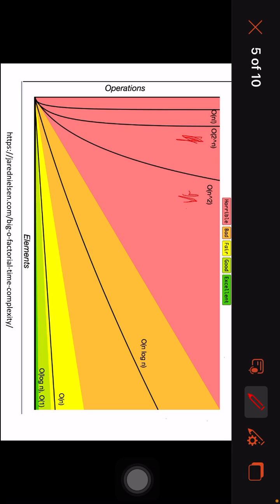So NP problems can be solved in exponential time in rare cases, but usually they are here, and this is factorial. It is factorial dependent. It can be even more difficult. It can be n times n factorial, or n squared times n factorial.